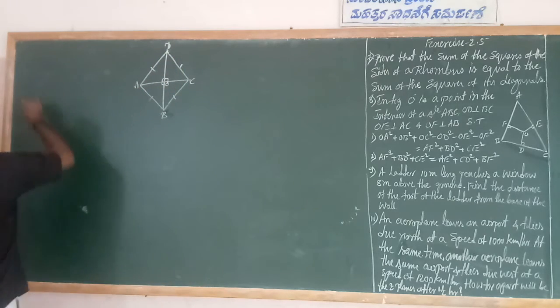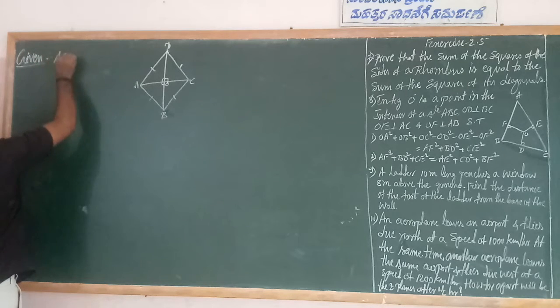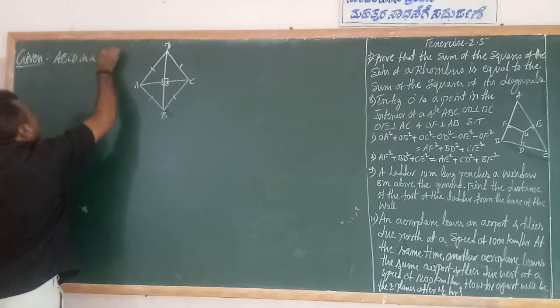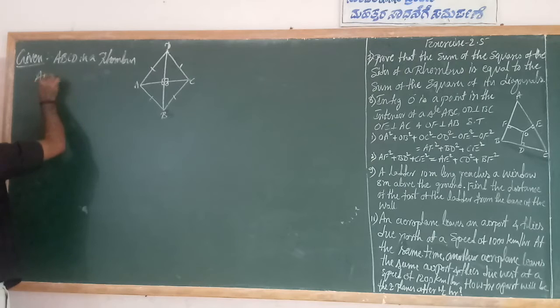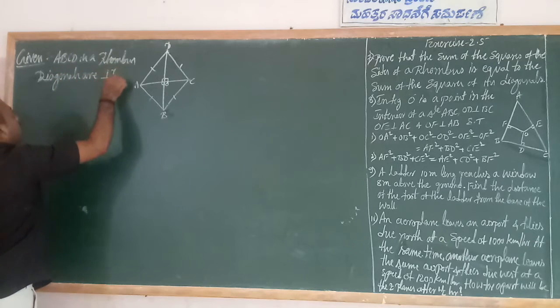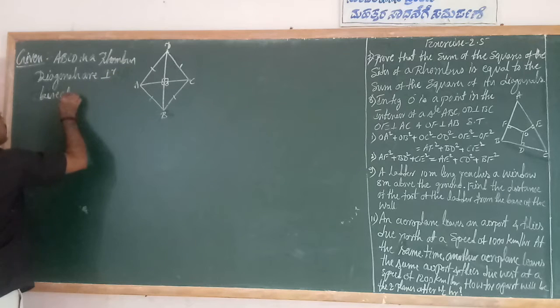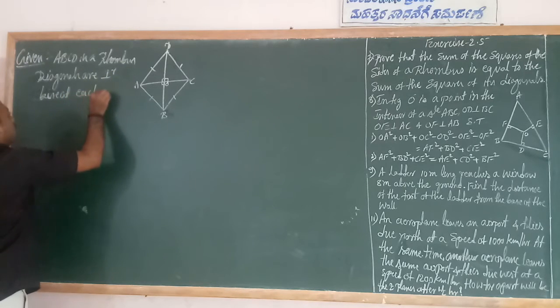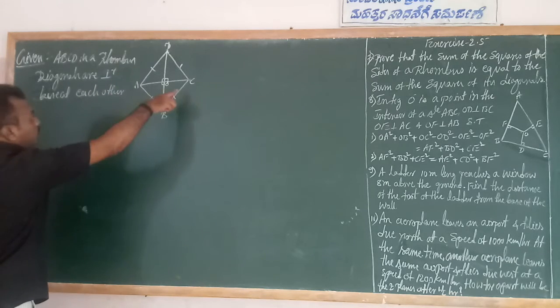So first we have to write down the given. What are they given? ABCD is a rhombus, and the diagonals perpendicularly bisect each other. So AB is equal to BC is equal to CD is equal to DA.